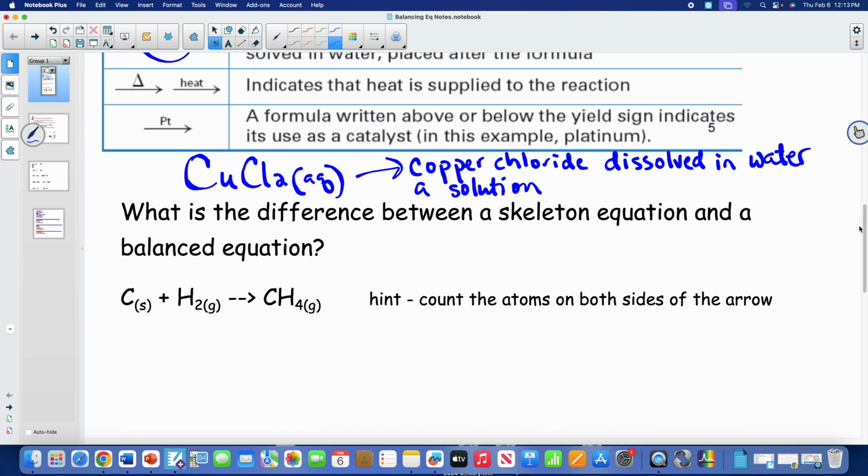All right, so now we're going to talk about the difference between a skeleton equation and a balanced equation.